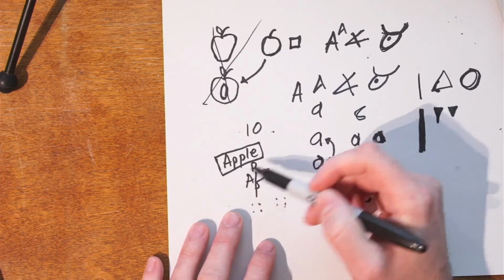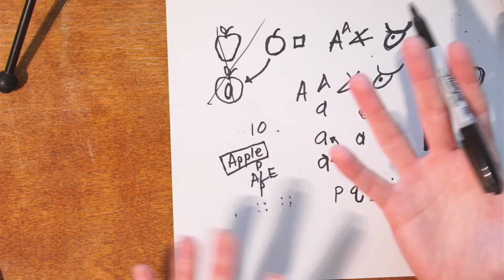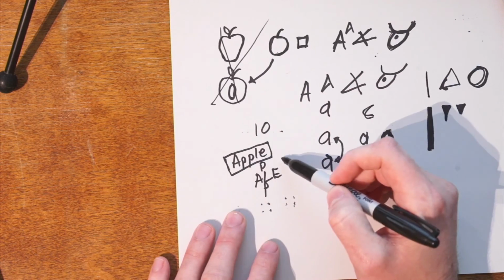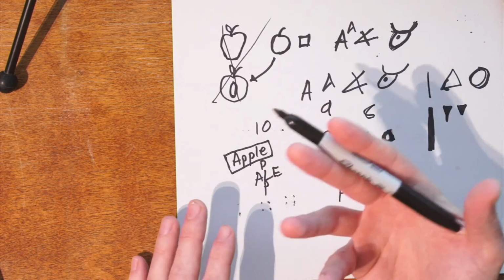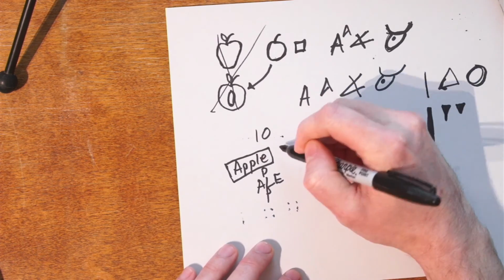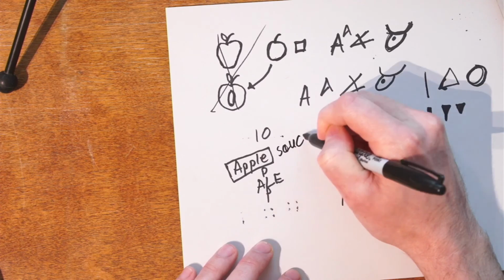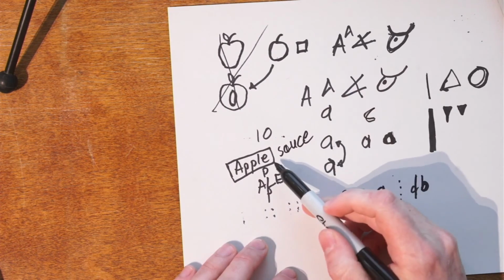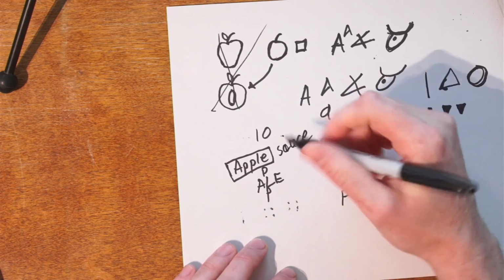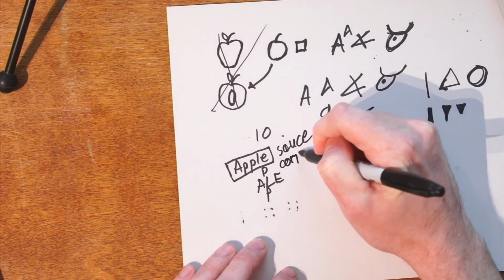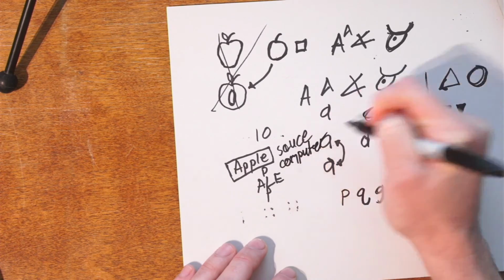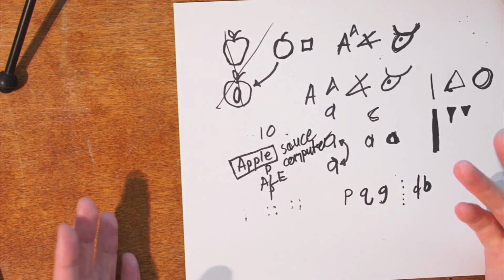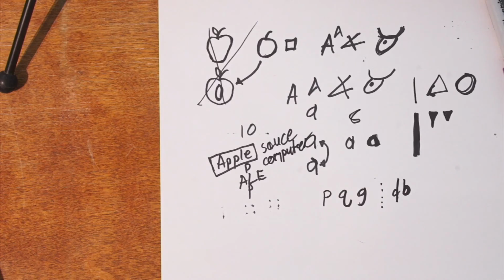If it's a rainbow, we might know it's Apple the company way back when. If I make it red, well, maybe that's an apple the fruit. If I say apple sauce, right, if I add additional context through more symbols, we know that this is probably not the company, right? If I add apple computer, well, that's the company, not the fruit that I eat.